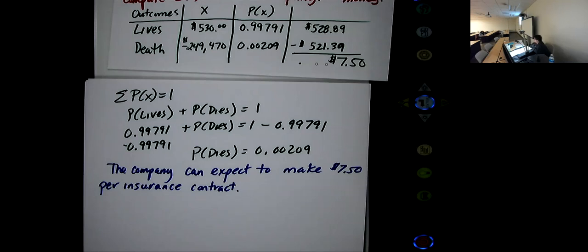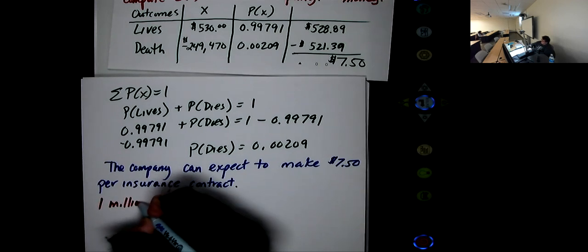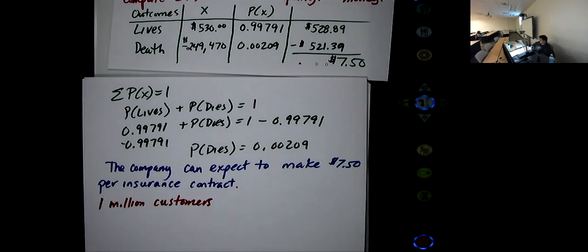Especially when your payout is $250,000, right? The thing is, they don't just do it with 10 customers or 100 customers or even 1,000 customers. If you had 1 million customers, several of them are going to die. You're going to have to pay out a lot of 250,000s, but you are collecting that 530 on a lot of them.